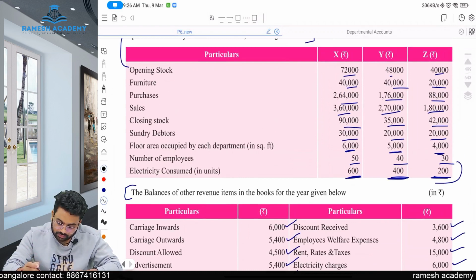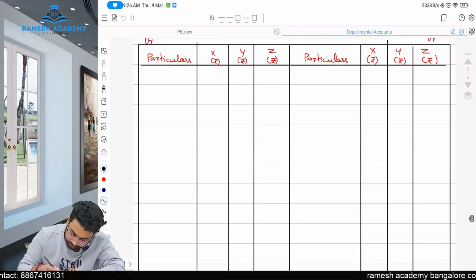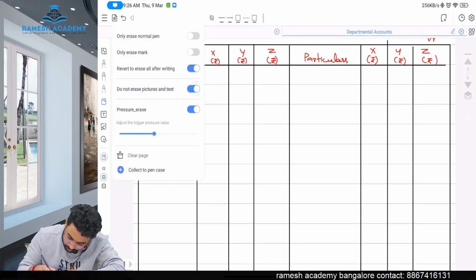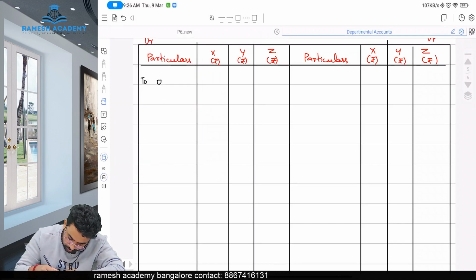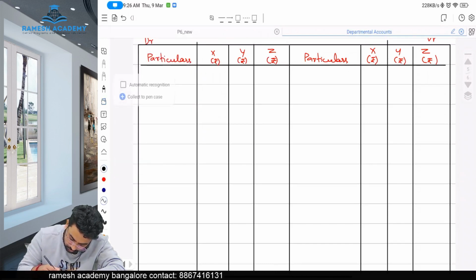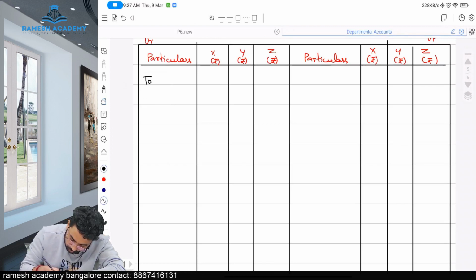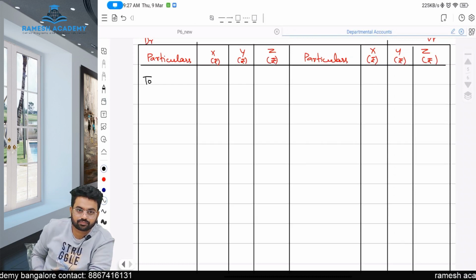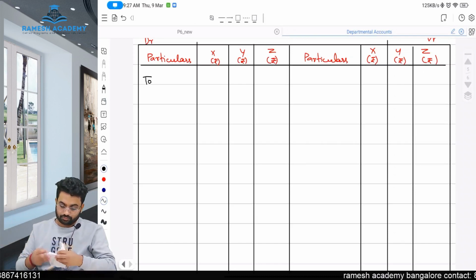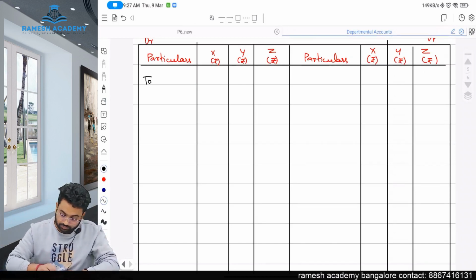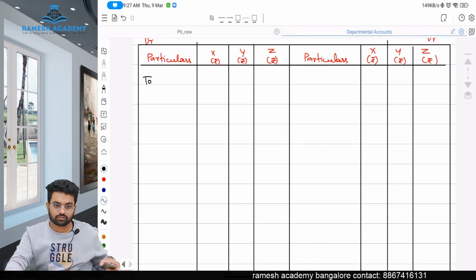First there is the opening stock: 72, 48 and 40. Give me a second, okay.